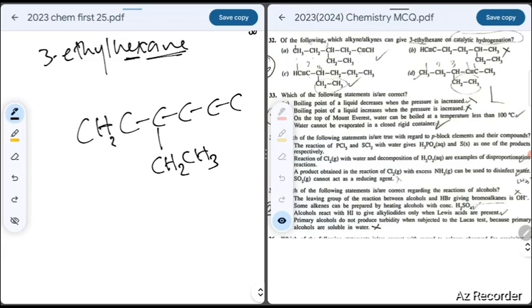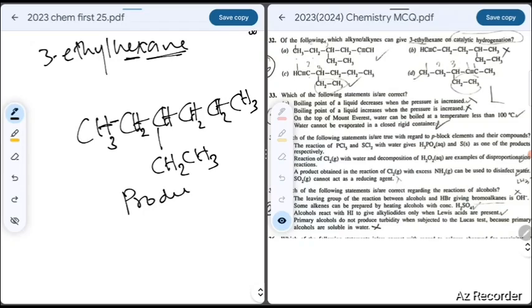So you can write CH3, CH2, CH, then CH2, CH2, CH3. So this is 3-ethylhexane, and upon catalytic hydrogenation, the alkyne should give this product.